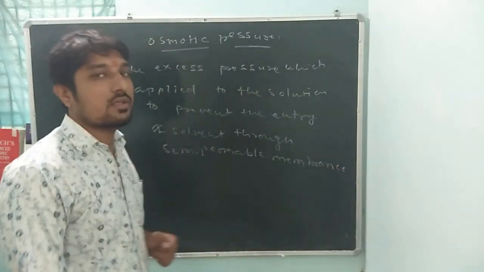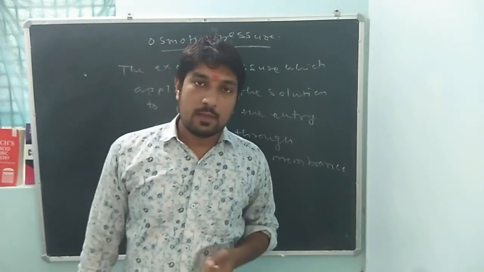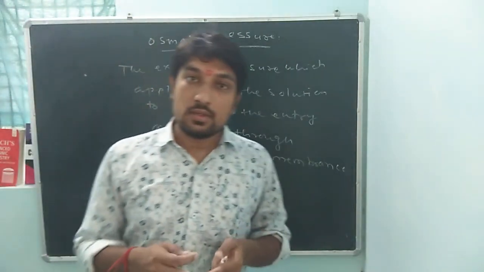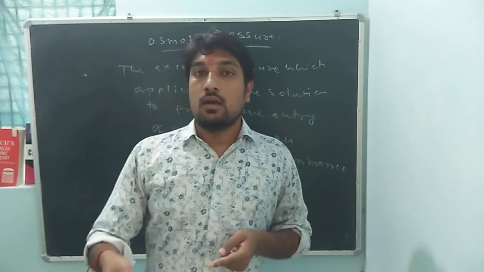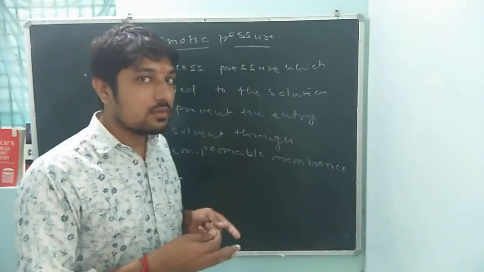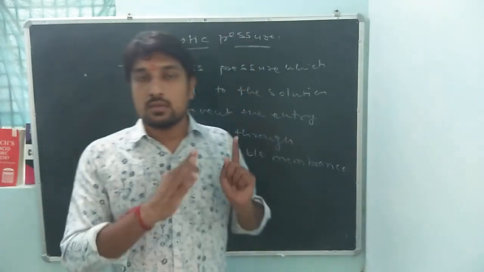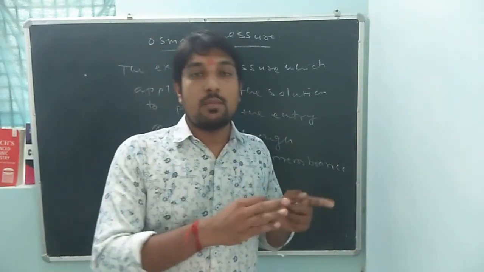Okay, so this is the definition of osmotic pressure: the pressure applied to the solution to prevent the entry of solvent through semi-permeable membranes. I also told you about semi-permeable membranes in the last class.